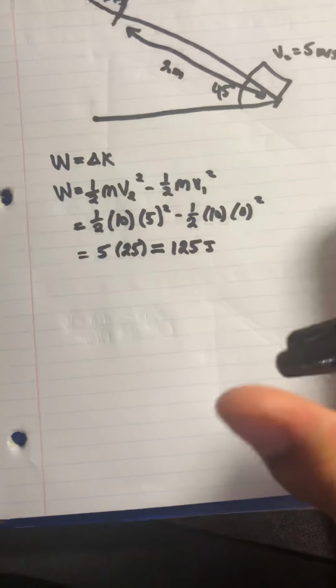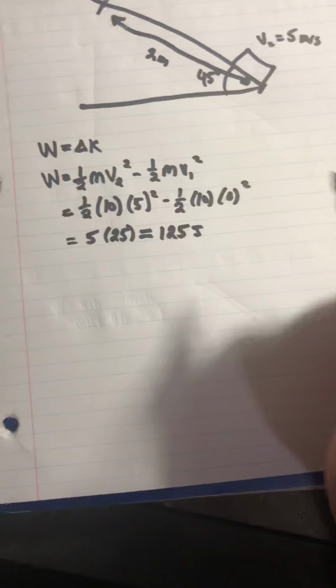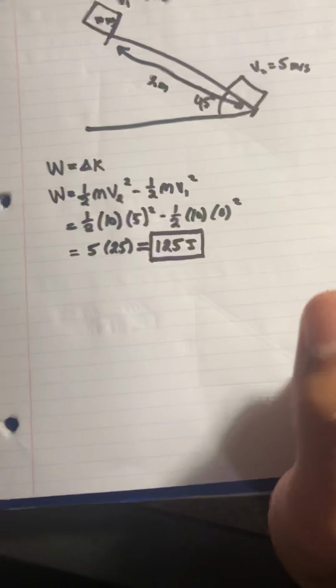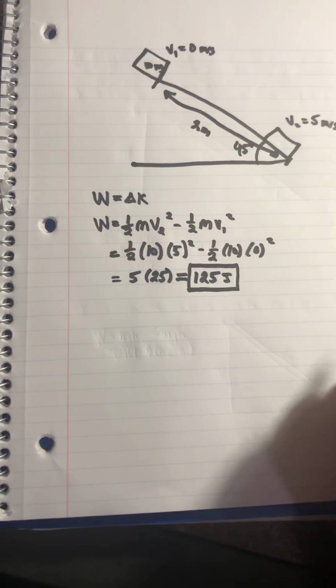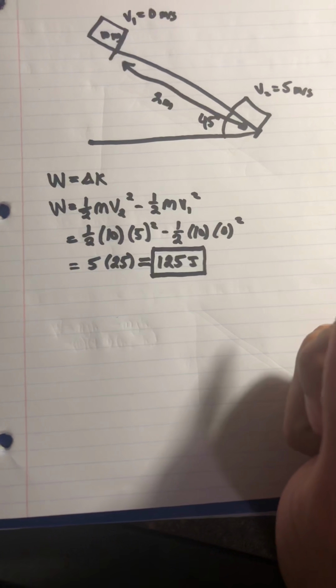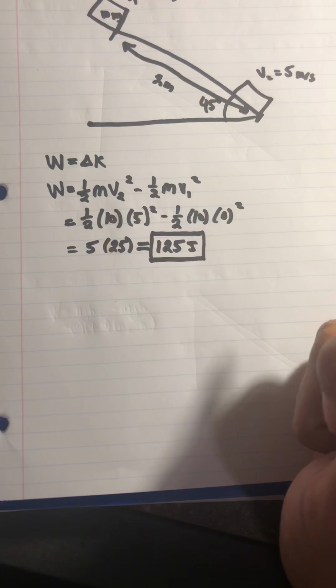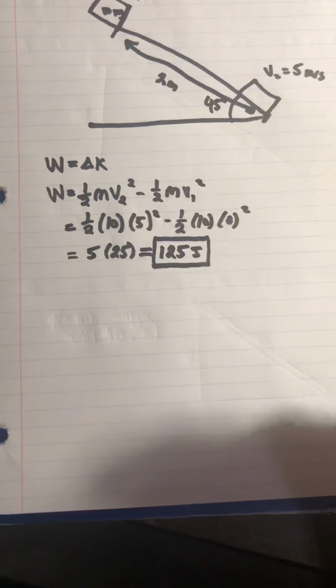That is the net work done on the block during this process, 125 joules. And then the second part of this question could be, how much work does gravity do on the block during this process? How much work does gravity alone do?